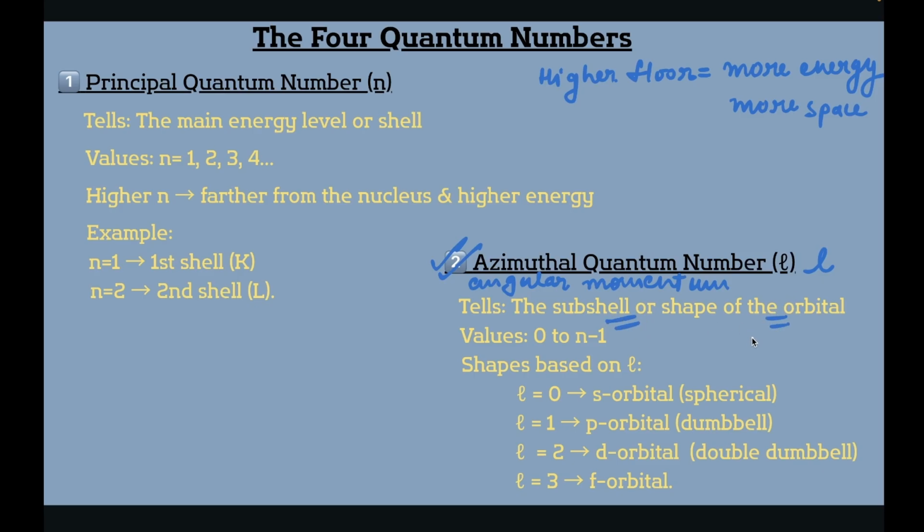For a given principal quantum number n, the value of l will be 0 to n minus 1. The shapes of orbitals are based on l.